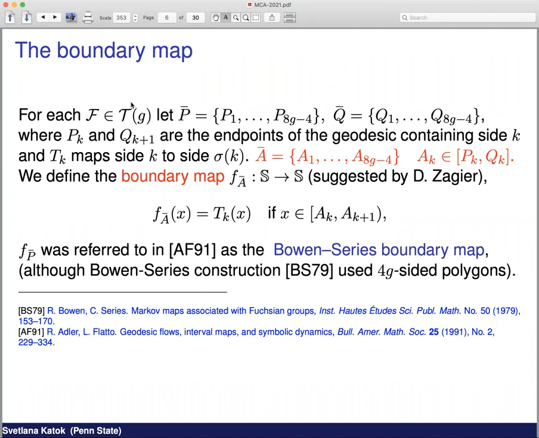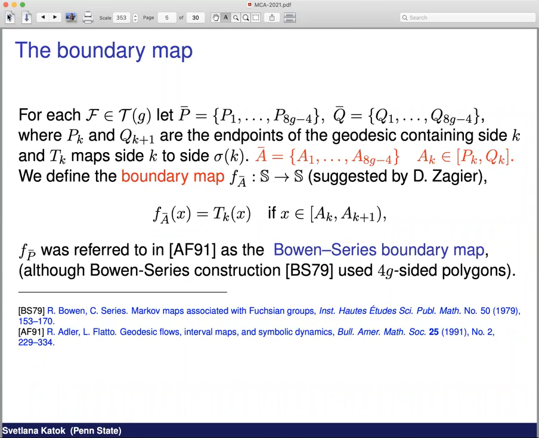So for each fundamental polygon, you have these P's and Q's and points on the sides. And now let's choose a partition such that A_k is between P_k and Q_k.